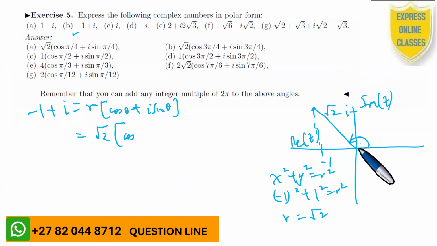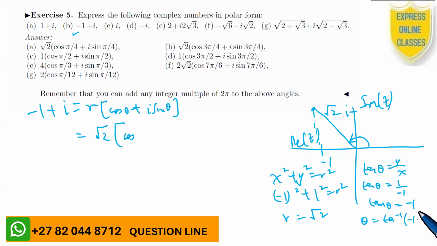Now the angle theta. The tan is y over x. The y is 1, the x is minus 1, which means the tan of theta is minus 1, and theta is arctan of minus 1.